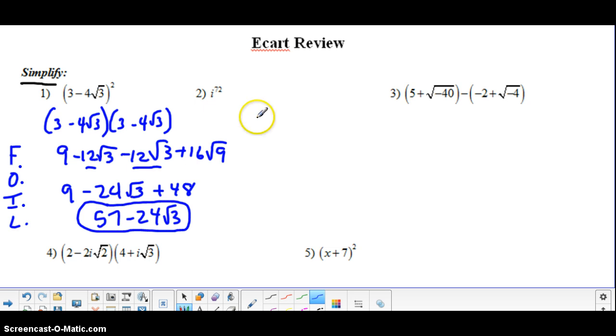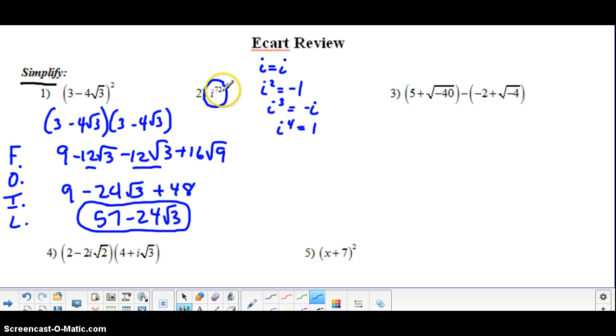Okay, for number 2, remember our chart. We have i squared equals negative 1, i cubed equals negative i, and then i to the 4th is equal to 1. Also remember, we can do this in the calculator as well. But first let's try it using our pattern.